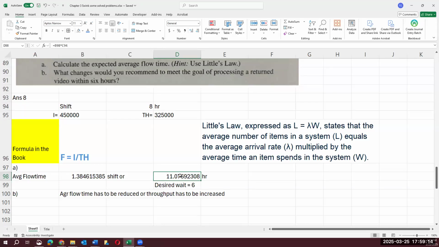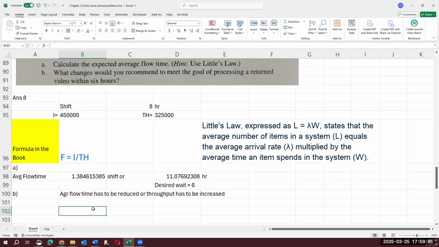If they want this to be no more than 6 hours, what do they have to do? To achieve a 6 hour wait time, a little bit of math here: the throughput rate has to be increased, or the average flow time has to be decreased, which is the same as the throughput rate increasing.